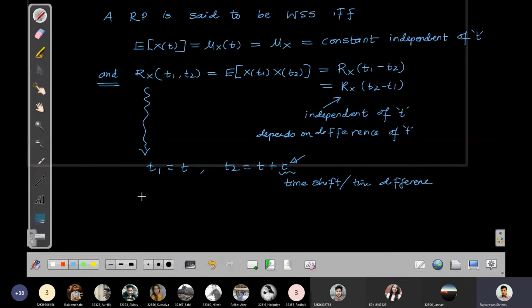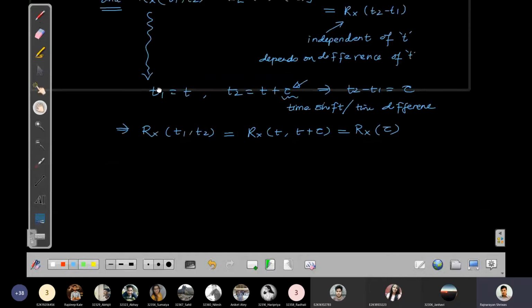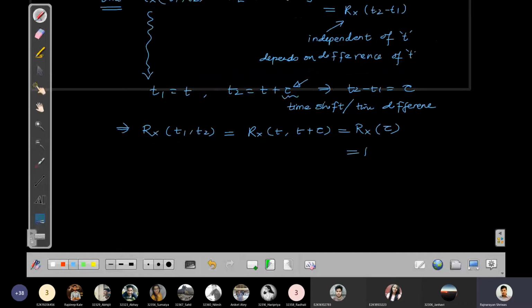So this expression I can write as R_X(t1, t2) will be simply R_X(t, t plus tau), and it should be the difference of these two. So t2 minus t1 is tau, so this will be only R_X(tau), and this is the same as R_X(minus tau), because you can take t1 minus t2 or t2 minus t1.